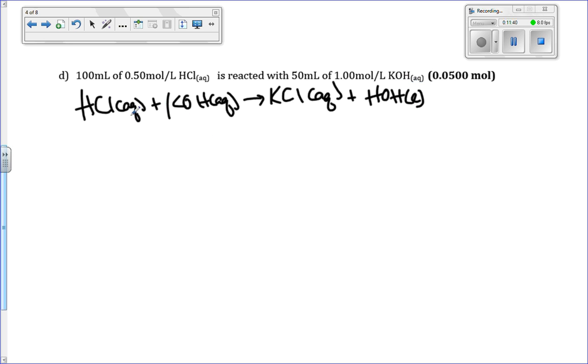In this particular case, we're completely balanced with a 1 to 1 to 1 to 1 ratio. So the next step is to write in a list of all of our knowns. And then our third step is to calculate the number of moles for each reactant.